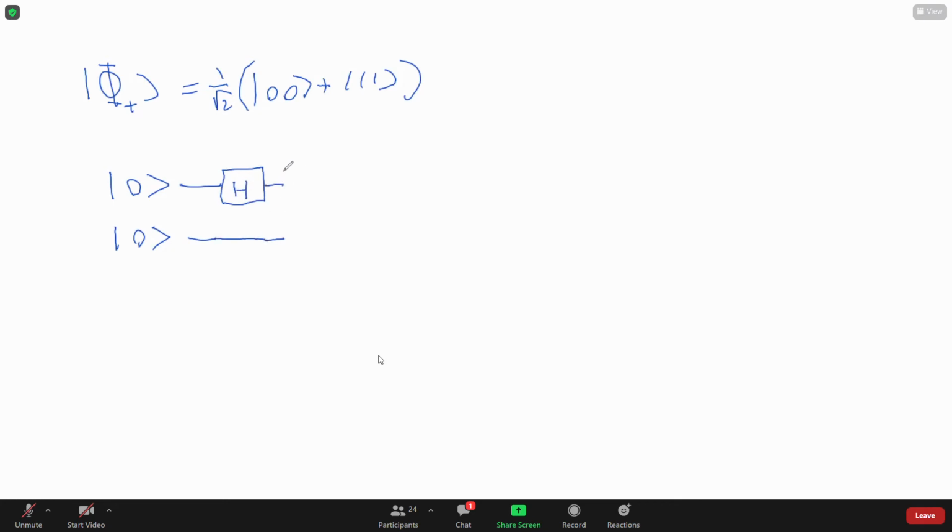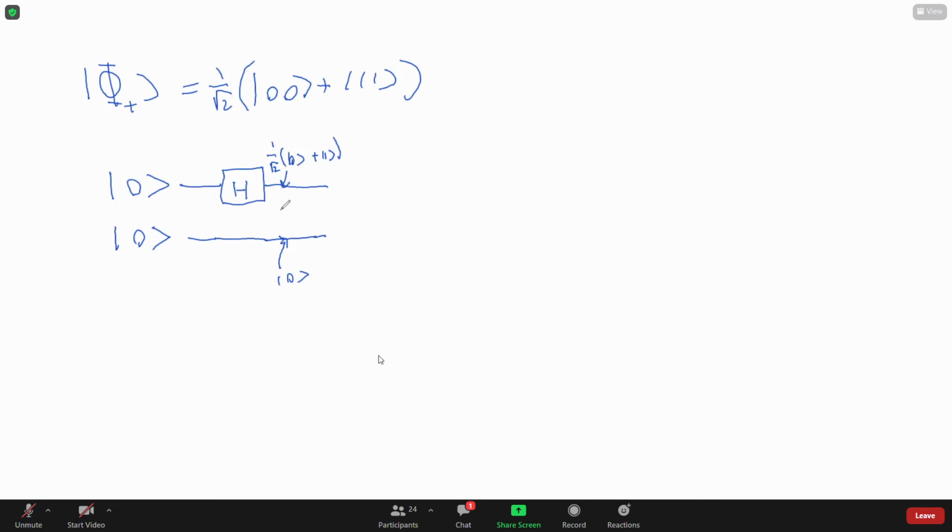Now at this point we have 1 over square root of 2, 0 plus 1 on the first qubit, while the second qubit is still 0. And so far they are just in product states because they never interact.